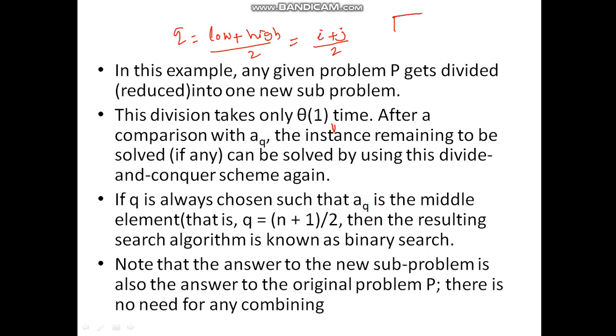So whatever the array is, first let us try to find the element at the middle of the array. If it is present at the middle of the array, one comparison will be required to find out whether the element is present or not.